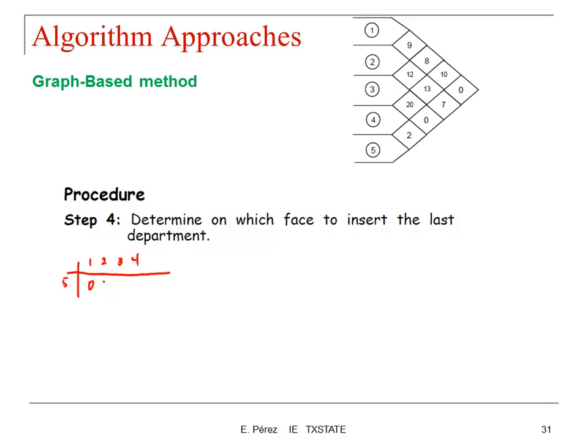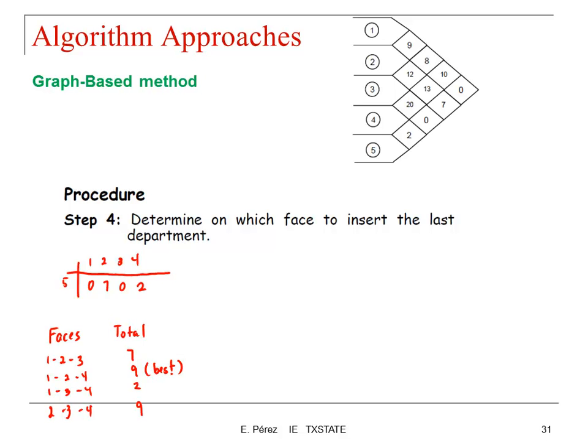So 0, 7, 0, 2. For 1, 2, and 3, we have a total of 7. For 1, 2, and 4, we have a total of 9. For 1, 3, and 4, we have a total of 2. For 2, 3, and 4, we have a 9.